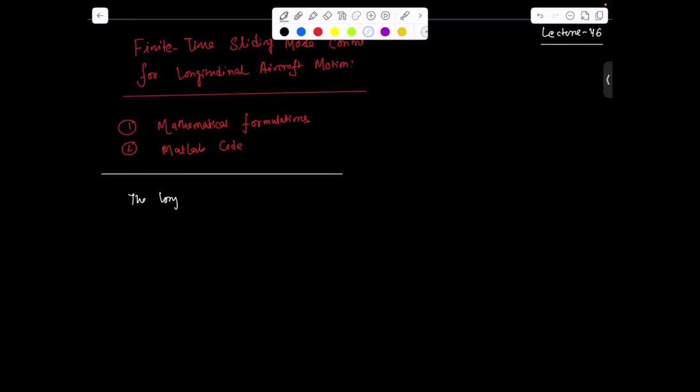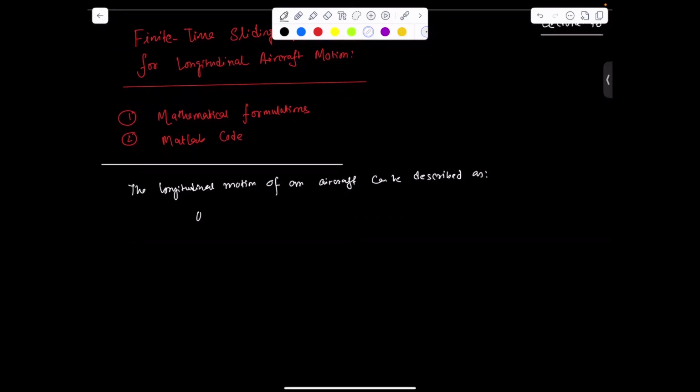The longitudinal motion of an aircraft can be described as theta double dot equal to f(theta dot(t), theta(t)) plus g(theta(t)) u(t) plus disturbance.